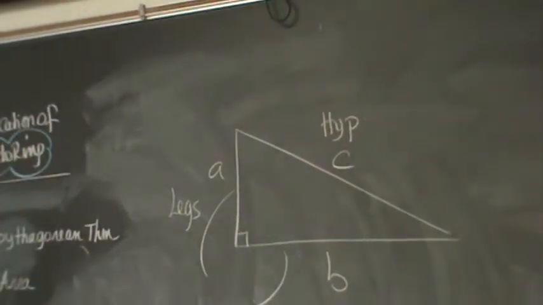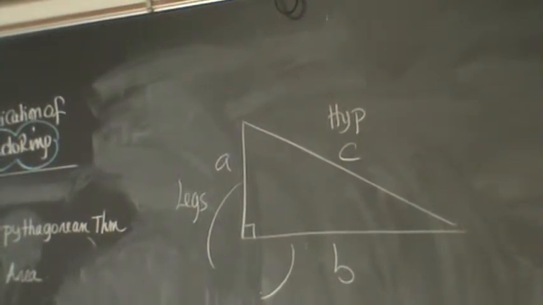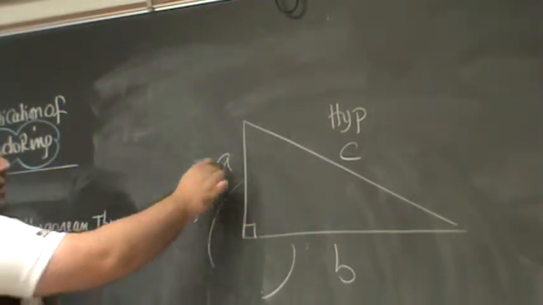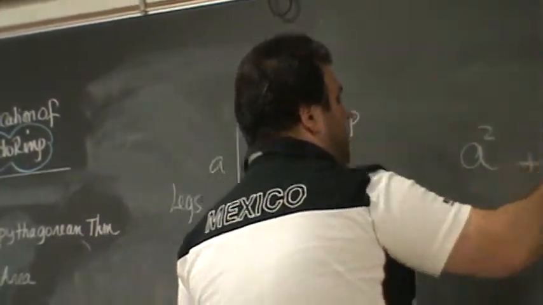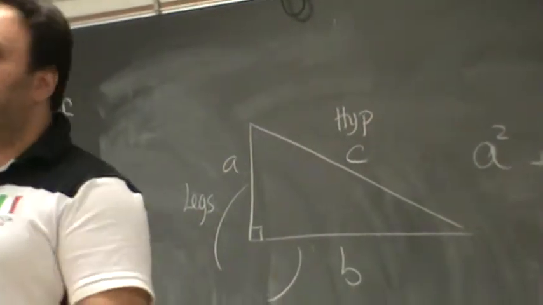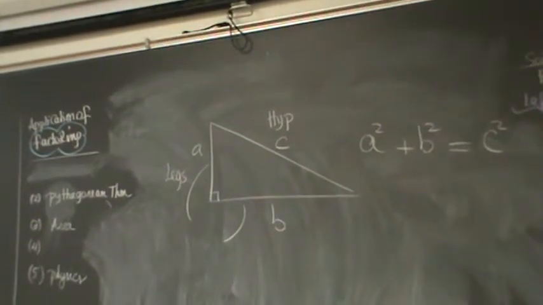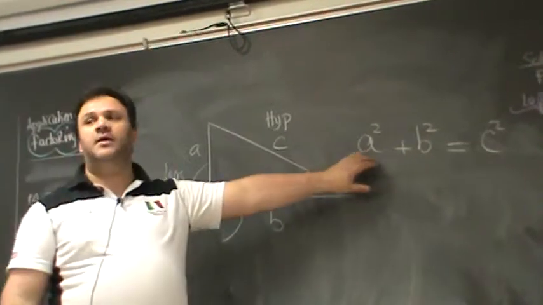Hypotenuse. The Pythagorean theorem states that the sum of the squares of the legs is equal to the square of the hypotenuse. Meaning, first of all, A squared plus what? Equal to what? C what? Square. And of course, the Pythagorean theorem has a converse, which means some logical way to say it backward, using this as a starting point.